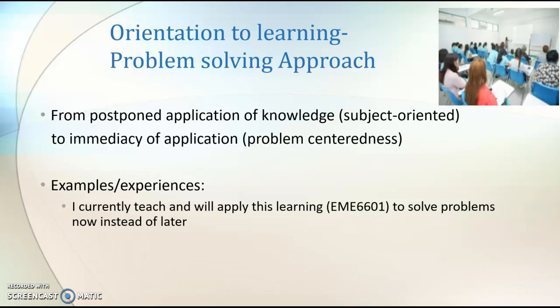As a result, her orientation toward learning shifts from one of subject-centeredness to one of problem-centeredness. For example, adults will not only want to know why they need to acquire specific information, but whether or not that information can be applied in the immediate future. An example would be, I currently teach and will apply this learning to solve problems now instead of later.